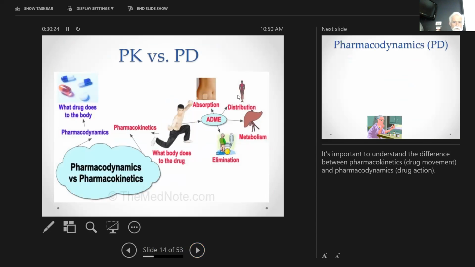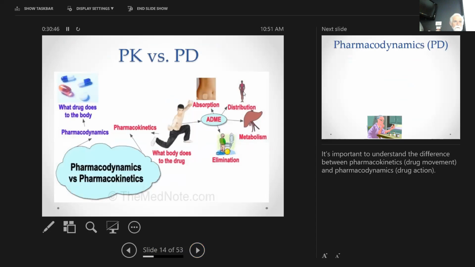After it's absorbed into the bloodstream, it has to go somewhere. That is the process of distribution. Where in the body does it go? Depending on the route of administration, it will go to different places. If we swallow a drug, it has to be absorbed from our stomach. The first place it goes is to the liver.